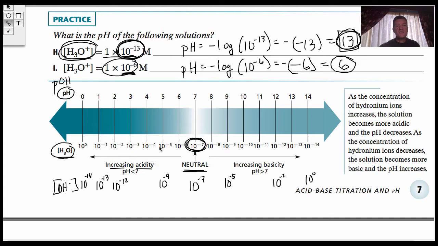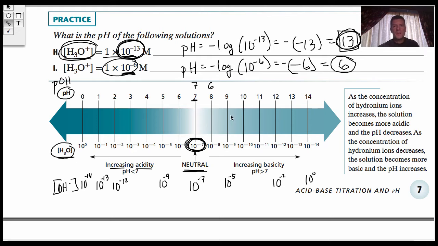So for pH, remember what we did for pH? If you take the negative log of 10 to the negative 7, you're going to get 7. Well, for pOH, it also is going to be 7, because they're both going to be in equal concentration. 10 to the negative 8, as the hydronium ion concentration decreases, the pH is 8, the pOH has to be, this time they're going to add up to 14, so it has to be 6.